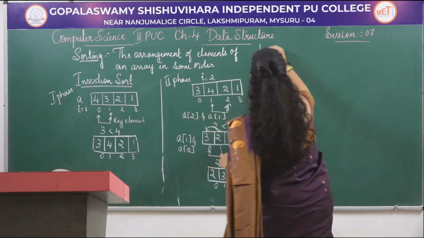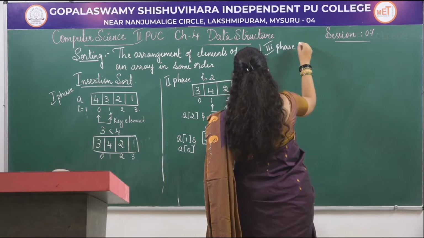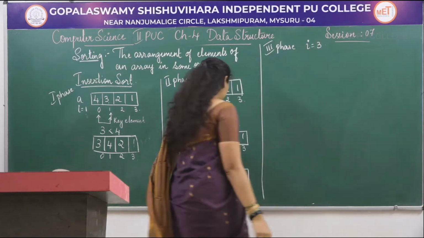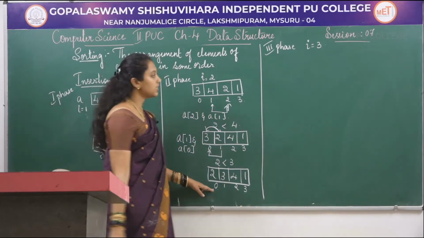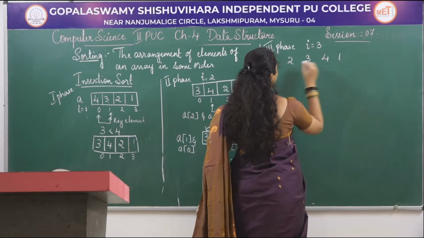In the third iteration, I gets incremented, so I becomes 3. The output of the second iteration is 2, 3, 4, 1.